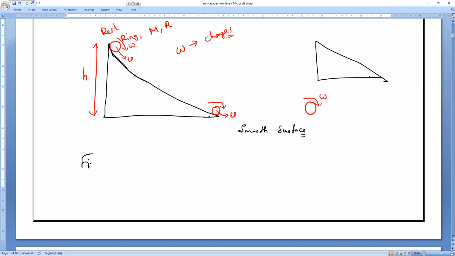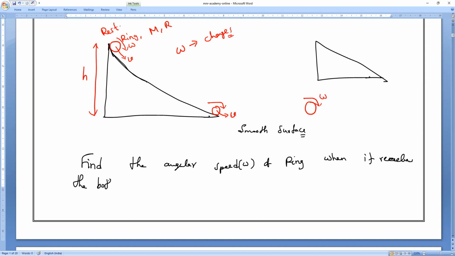Now the question is, find the angular speed, or angular velocity, of a ring when it reaches the bottommost point. Do you understand, everybody?